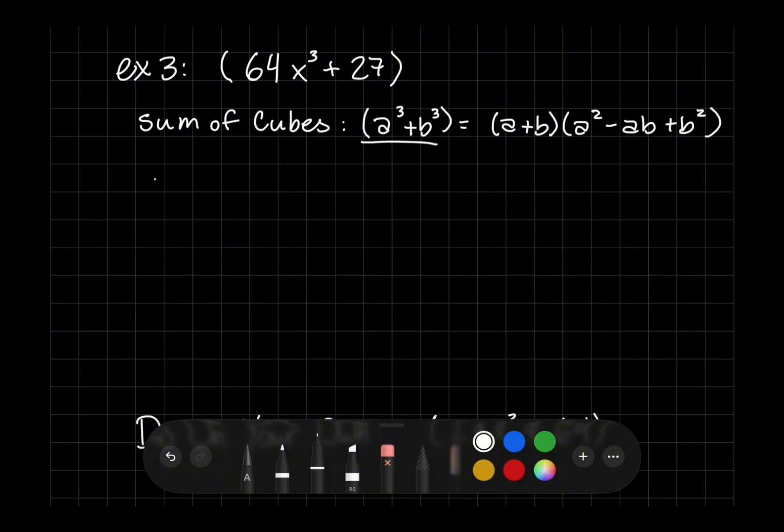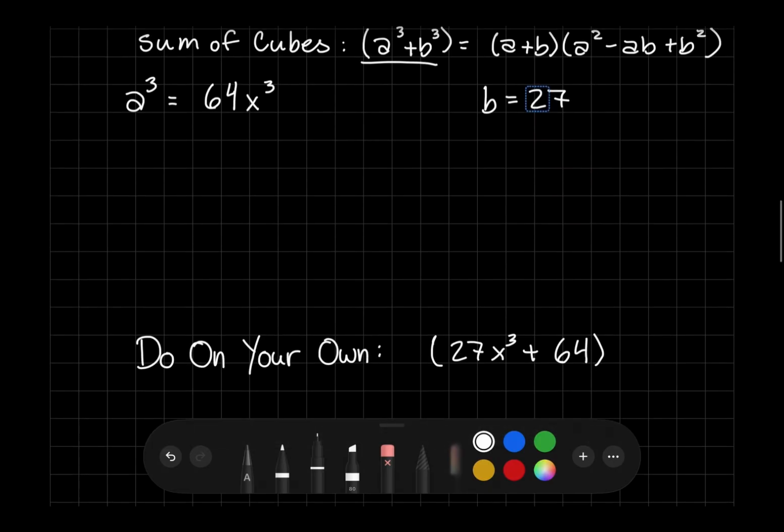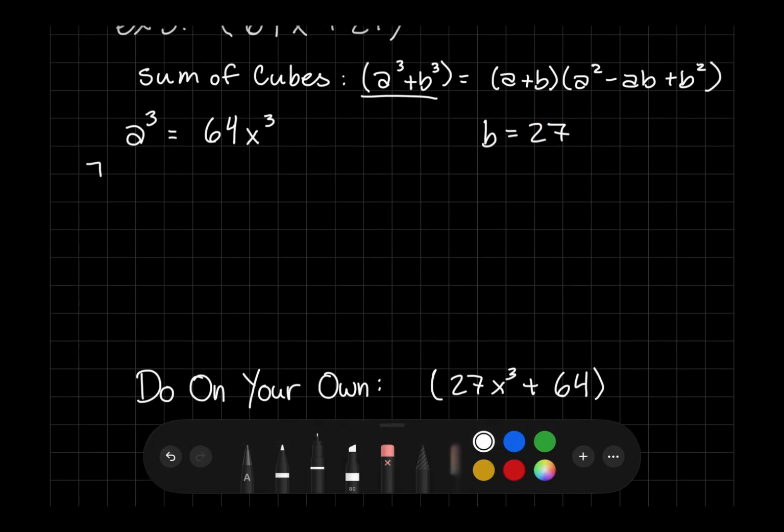Let's go ahead and find what our a is. My a cubed is equal to 64x cubed, and my b cubed is equal to 27. All right, I'm going to go ahead and cube root both sides because I want to get rid of my cubes. 64x to the power 3, well, I know that this and this will cancel out.